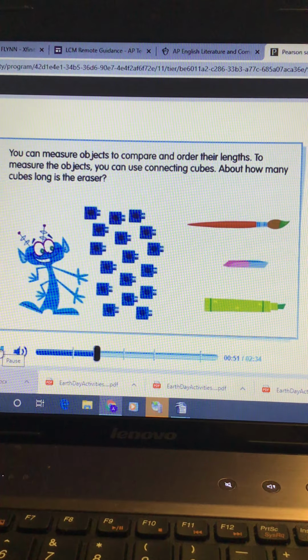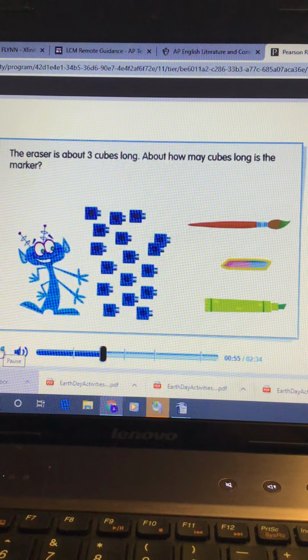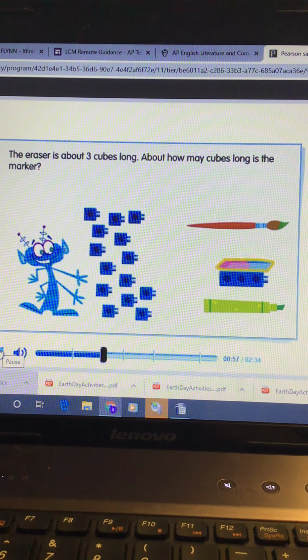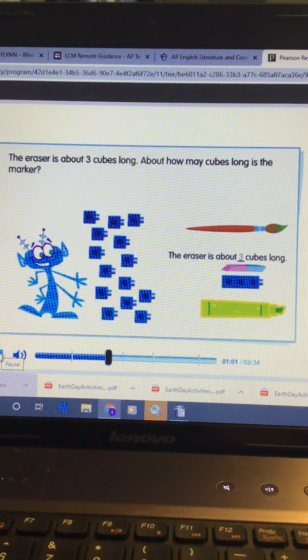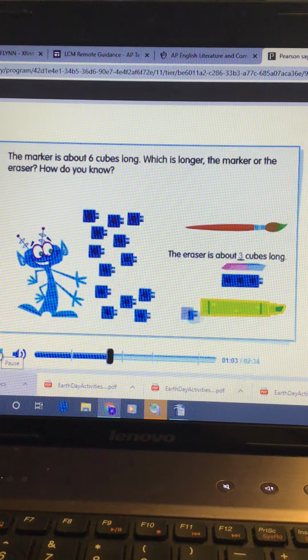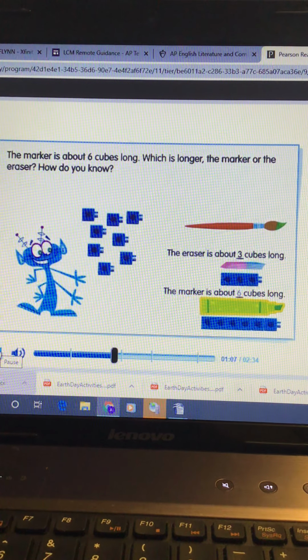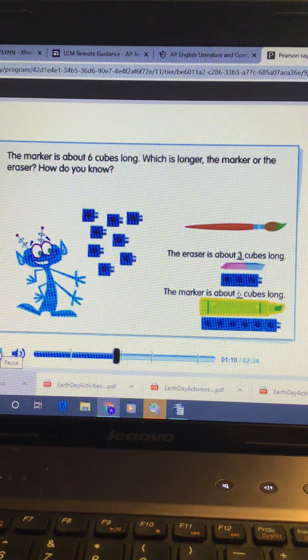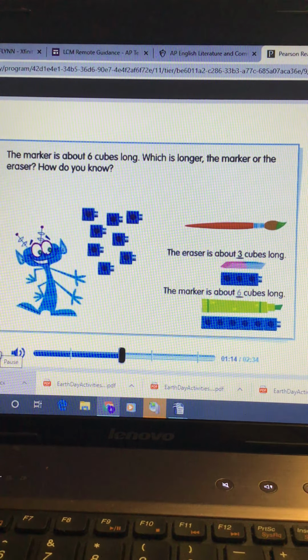About how many cubes long is the eraser? The eraser is about 3 cubes long. About how many cubes long is the marker? The marker is about 6 cubes long. Which is longer, the marker or the eraser? How do you know?